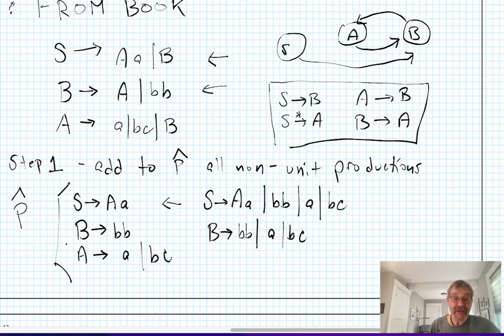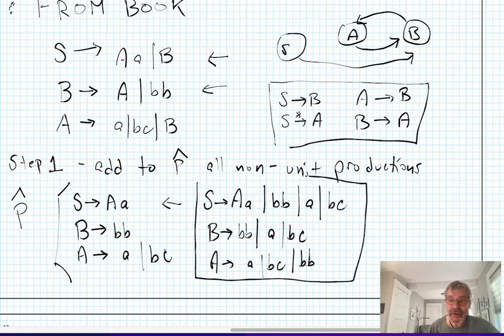I come over here, and I have that A can derive A or BC, but I also know from A I can get to B, so that means I can also derive a BB. And that would be my new grammar here, where I have gotten rid of all the unit productions.